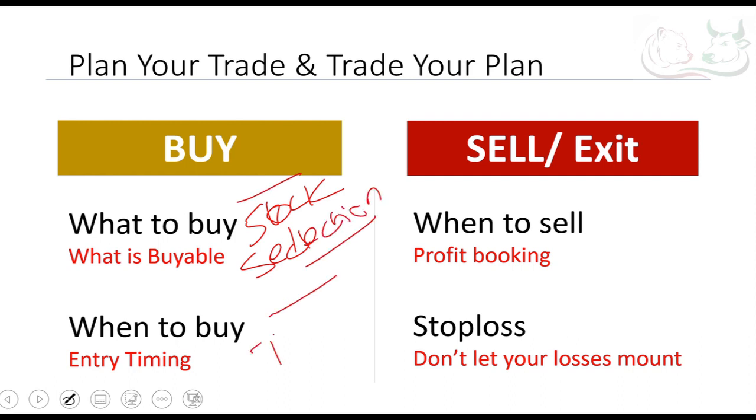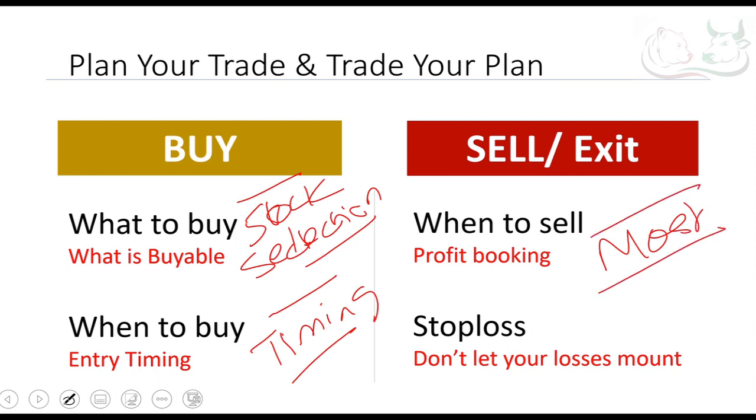When is timing important, right? Then the most important is your profit booking, when to exit or when to take the stop loss. If you know when you are going to exit, when you would book your loss and not let it grow out of proportion, that is where you need to exit.